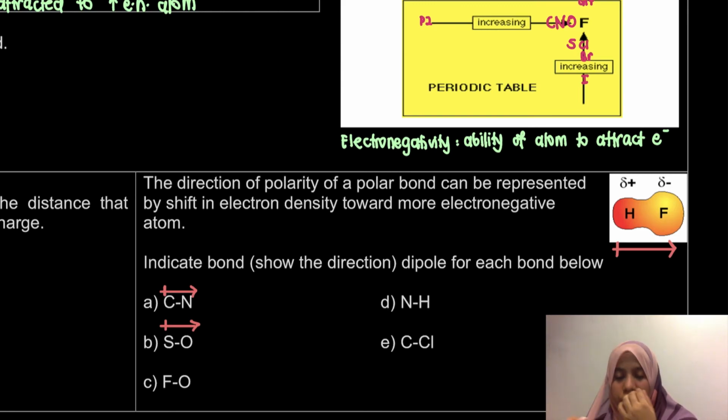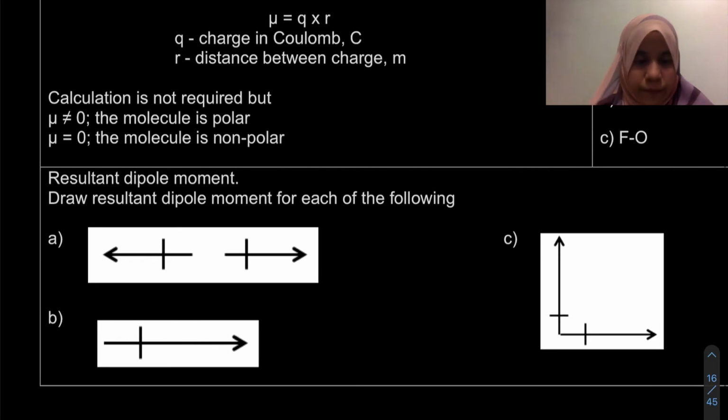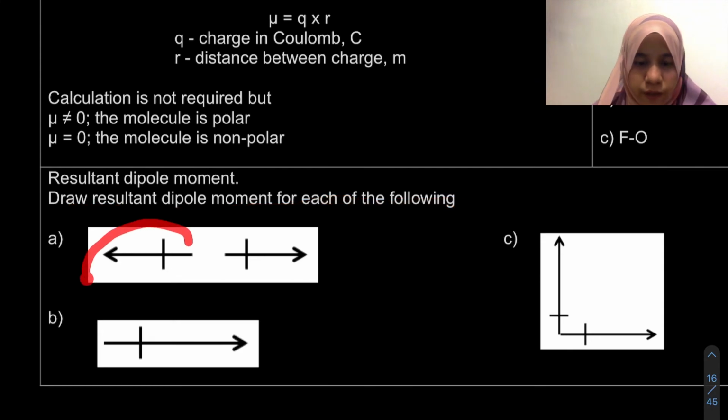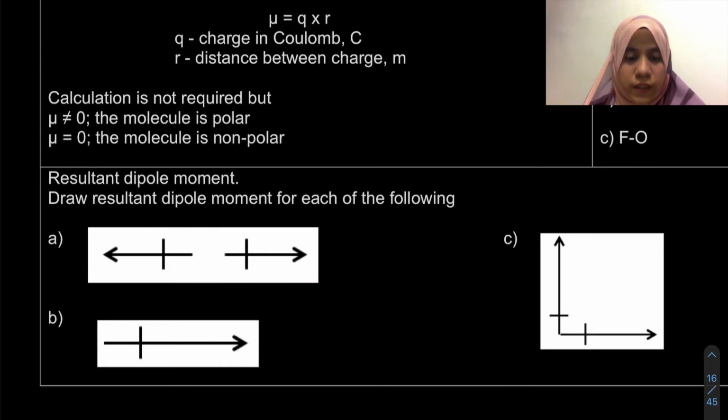Okay, next what we're going to look at is actually the resultant dipole moment. Okay. So, contohnya dekat sini. For the resultant dipole moment, draw resultant dipole moment for each of the following. So, yang A ni, we assume this is the same magnitude, tapi different direction. So, bila dia different direction, it cancel out.